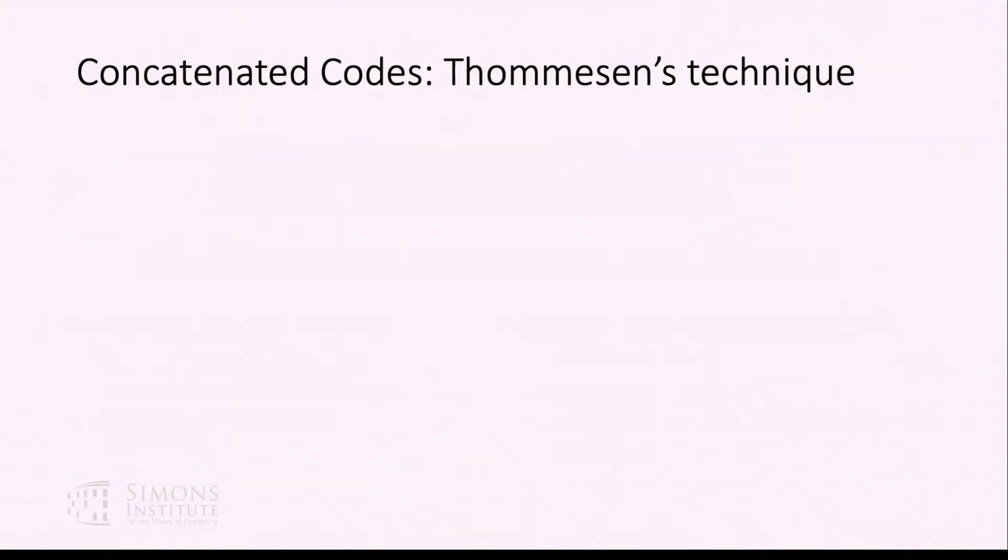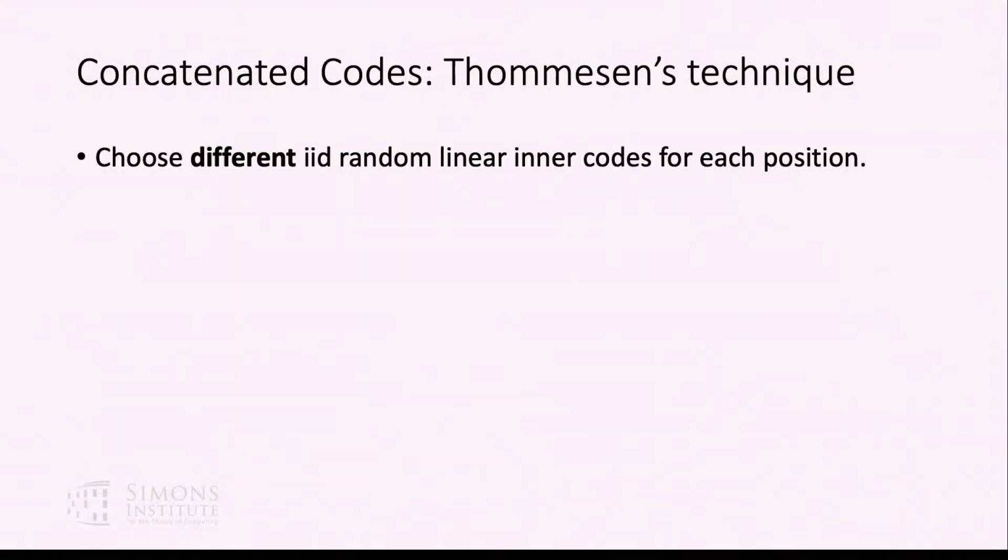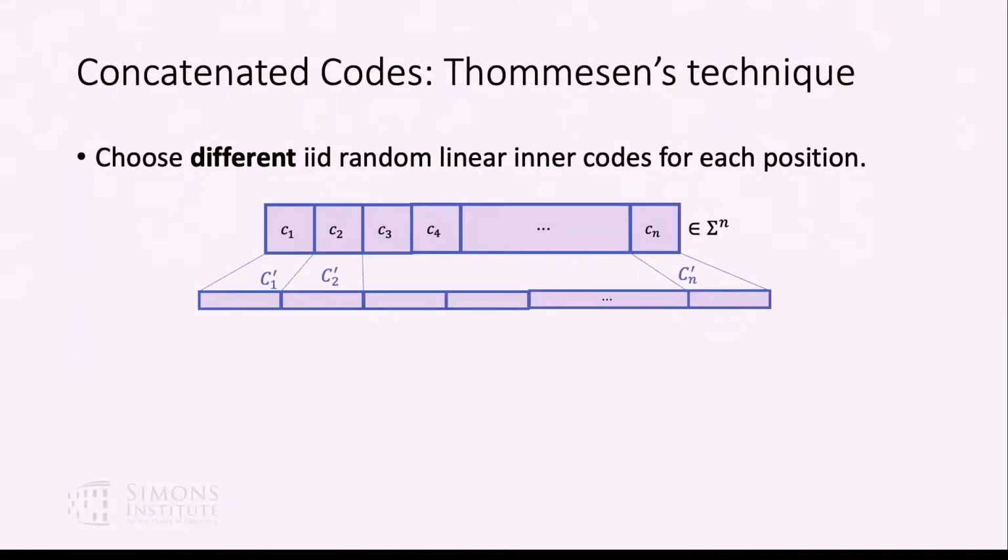So instead, I want to talk about a technique due to Thommesen. The basic idea, which is maybe close to the question you were asking, is that I'm going to choose different inner codes for each position, and I'm going to choose them randomly, just random linear codes, IID. I start with my outer codeword and concatenate it.